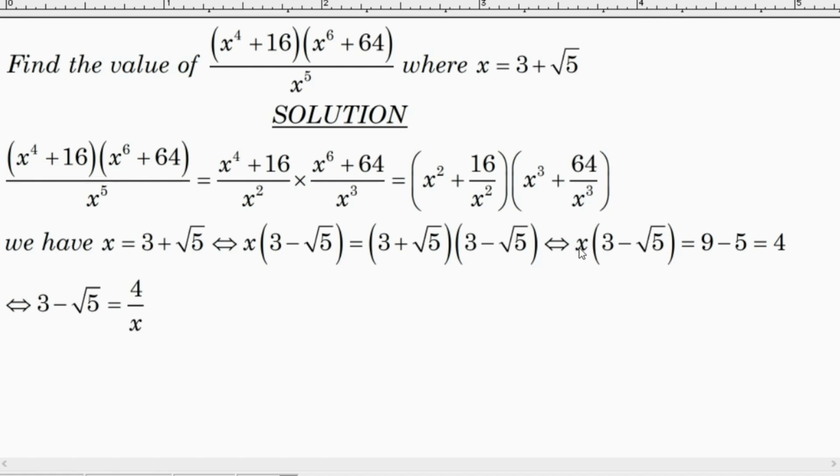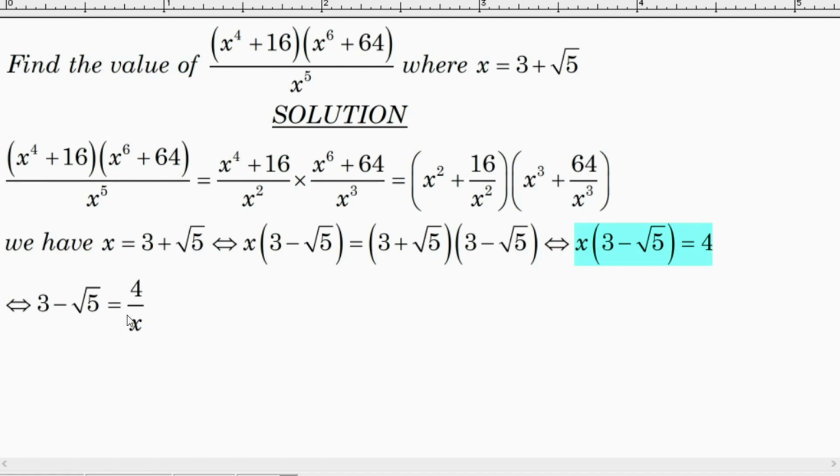We just move x to the right-hand side of the equation, from multiplication to division.